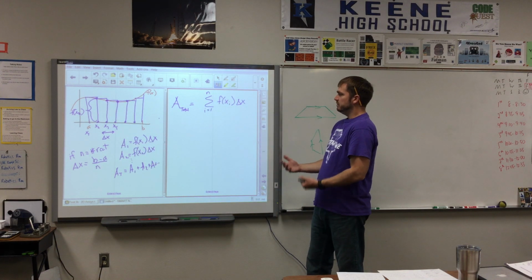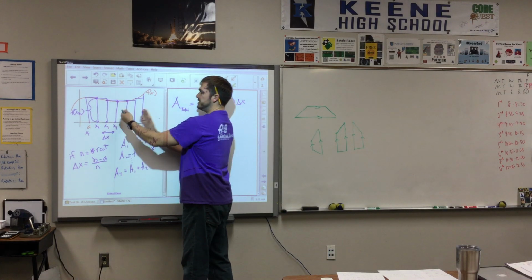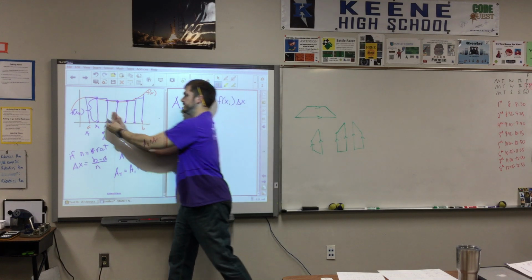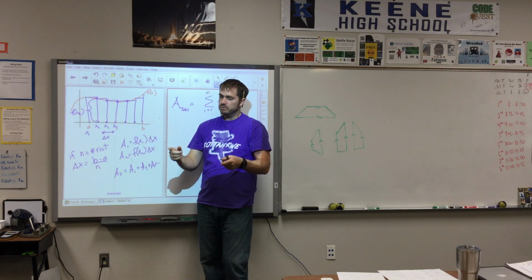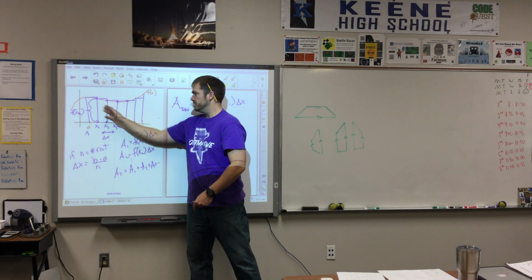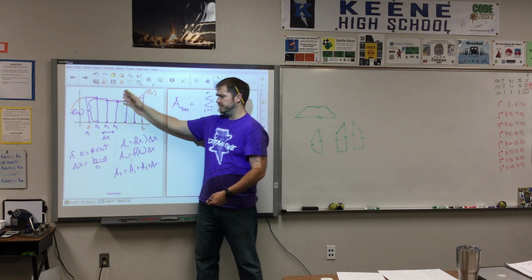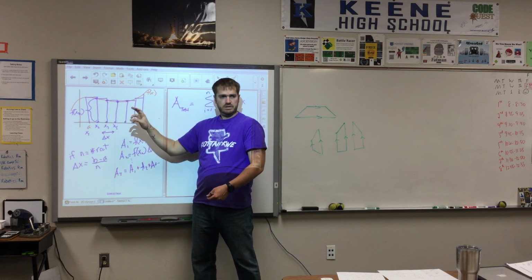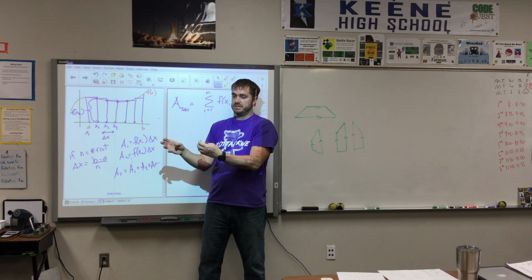So I could do this, like I said a second ago, for 10 rectangles. But imagine if I made it 100 rectangles, or 1,000. Or, what might be more interesting, what if I did it for 10 and recorded that number, then did it for 100 and saw how that new number related to the 10.